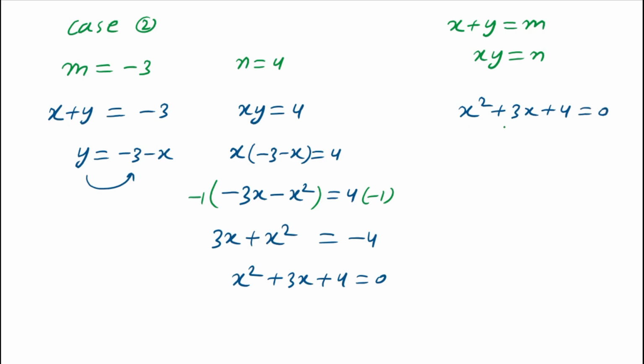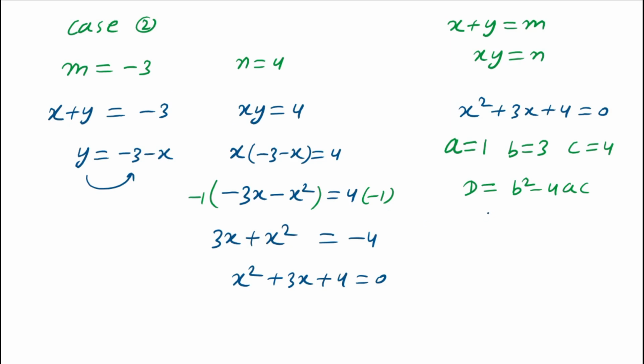Here we have again a quadratic equation in terms of x. So first we will check the discriminant of this quadratic, because here we will talk about only real solutions. The value of a is equal to 1, the value of b is equal to 3, and the value of c is equal to 4, and the discriminant of this quadratic is b square minus 4ac.